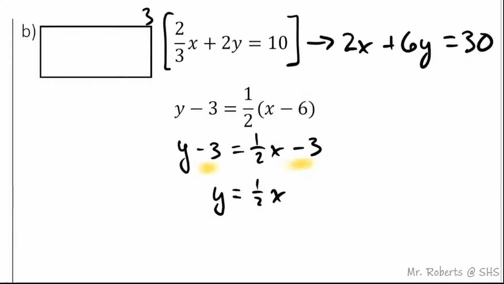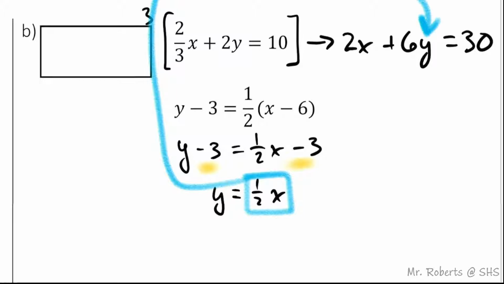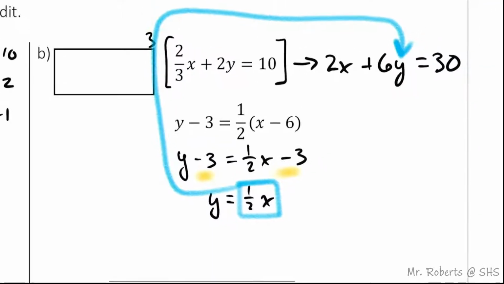I can take this, y is equal to 1/2 x, and I can sub that into this equation that I have here. So doing that, this equation is going to become 2 times x, 2x plus 6 times 1/2 x, and that will be 30.